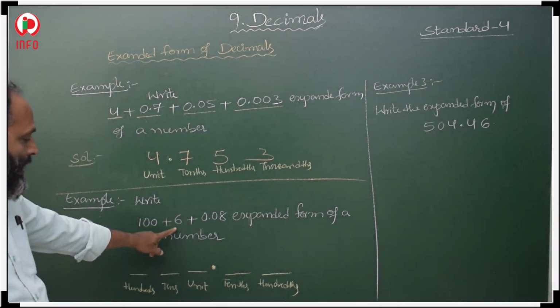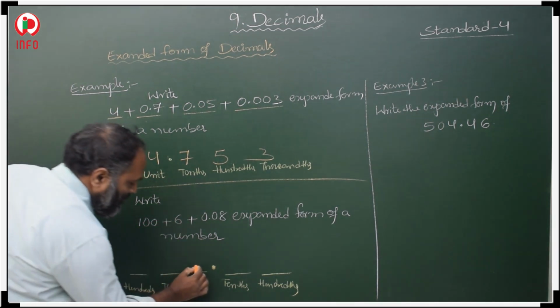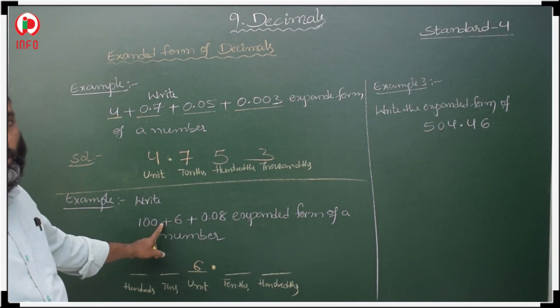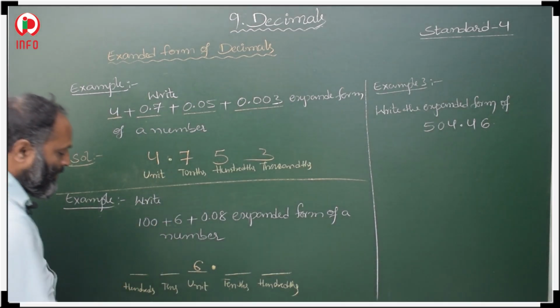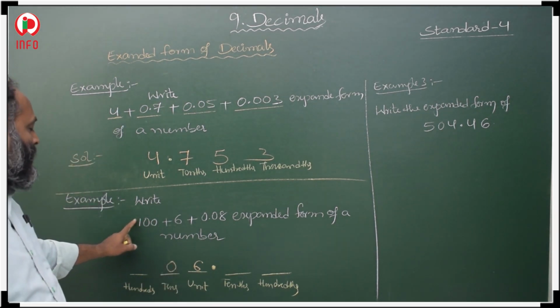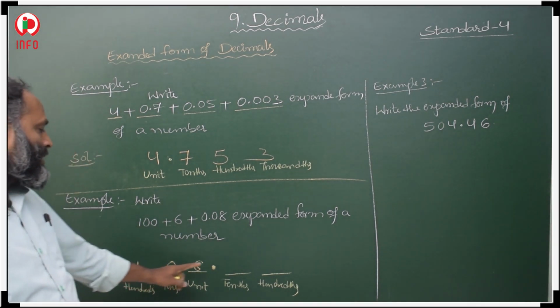Here, a single digit without a decimal means the units place, so 6 is in the units place. After that you should get a 2 digit number, that is not given, it means 0 tens. After that, a 3 digit number, 100, means in the hundreds place: 106 point.